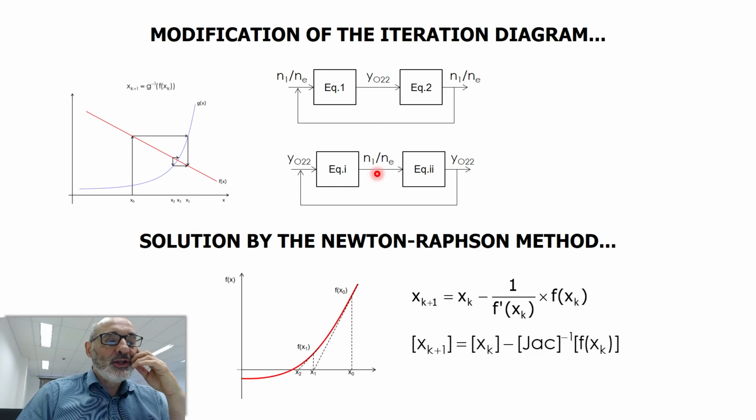If you change the equations, you may get a conversion process like this, which is convergent actually. But the problem is you never know.